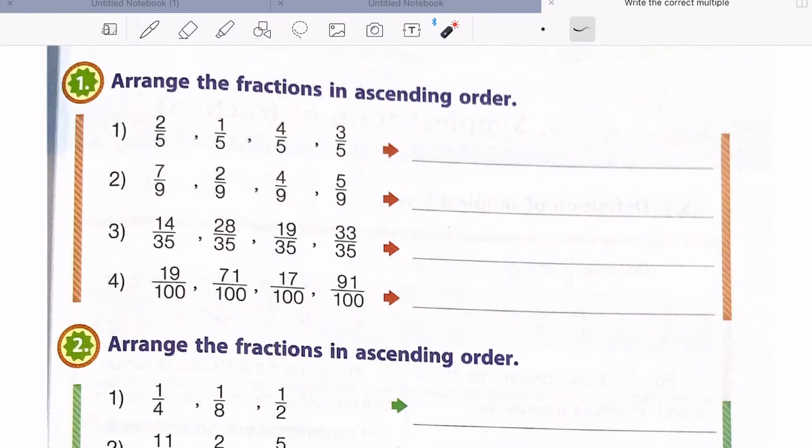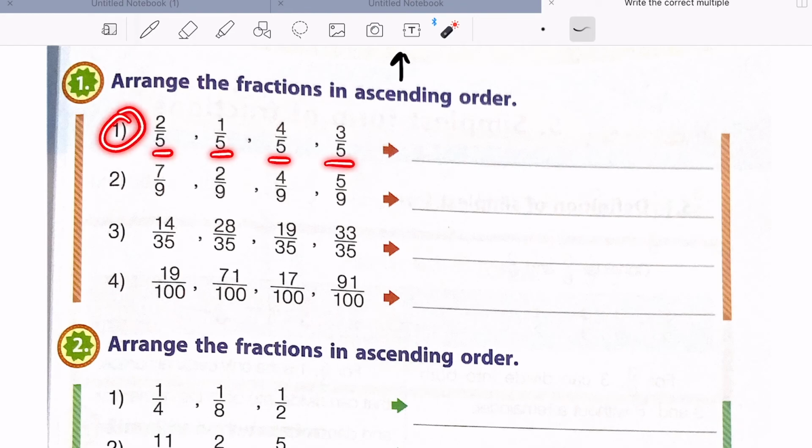So the first part, it says, number 1, arrange the fractions in ascending order. Ascending means going up, right? So what do we have to look at first to compare fractions? We first have to look at the denominators.